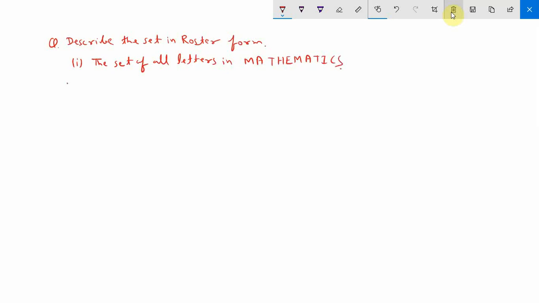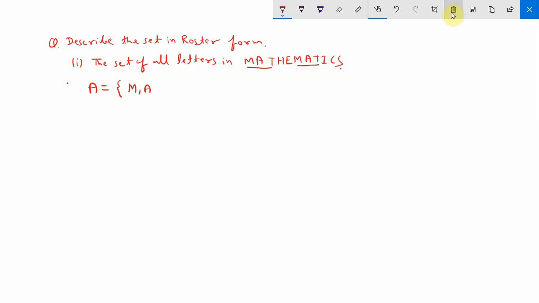So if we write this in the form of a set, we can write A equal to, if A is the set, then the letters that are repeated we will not write again. So M, A, T, see this A and T are repeated, so only distinct letters we will write here.